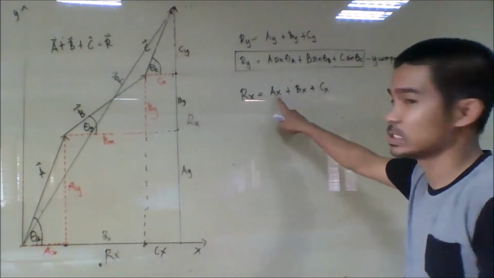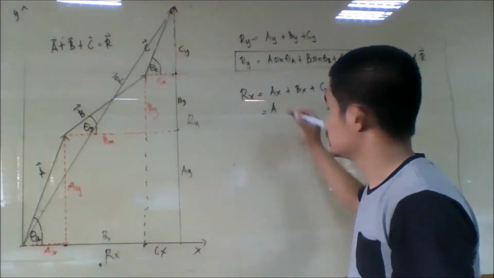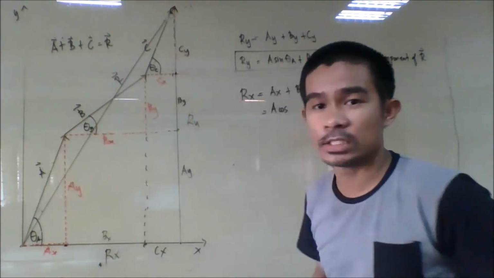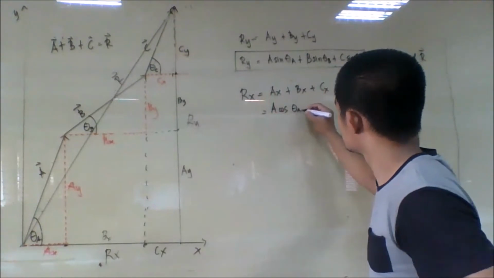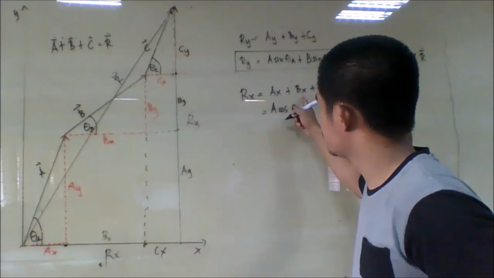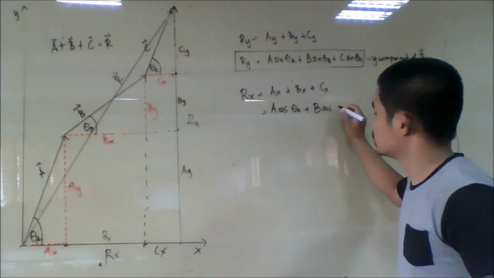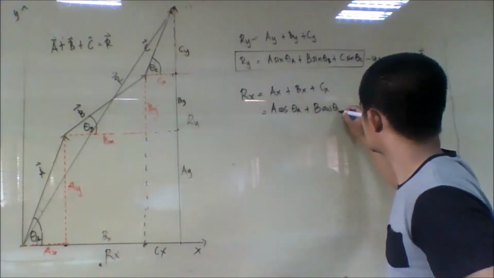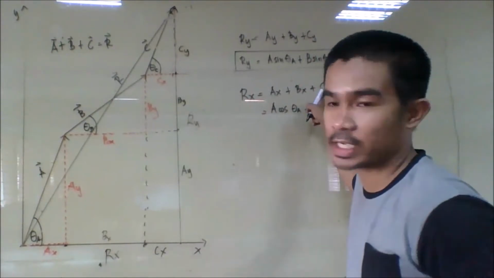But what is this A of x? This is equivalent to the magnitude of vector A, cosine of its direction, which is theta of A, plus B of x. What is B of x? That is the magnitude of vector B, cosine of its direction, which is theta of B, plus what is this C of x?